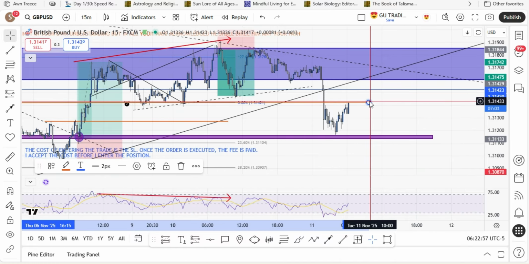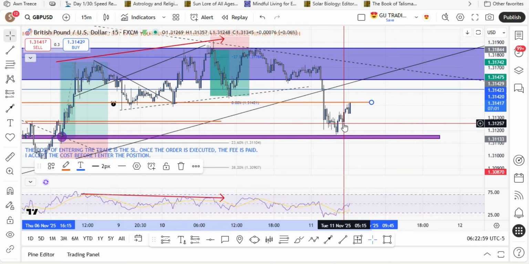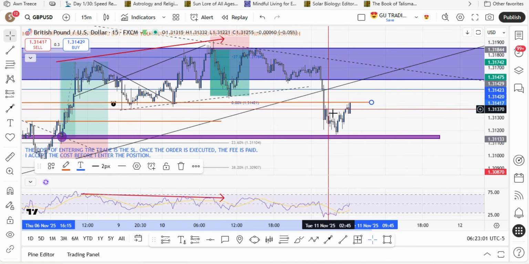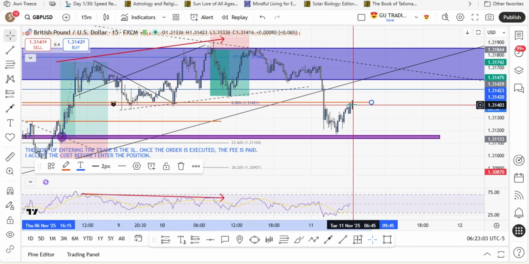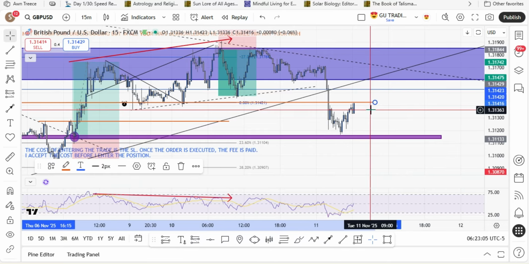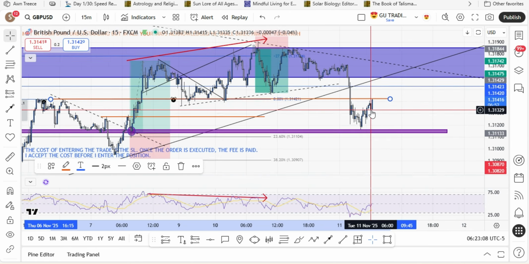So for right now, if I would have been up right around there, I could have taken a quick buy, but not really knowing where it would stop.